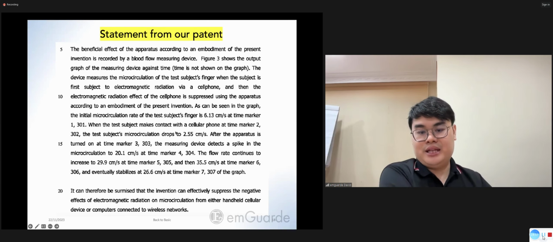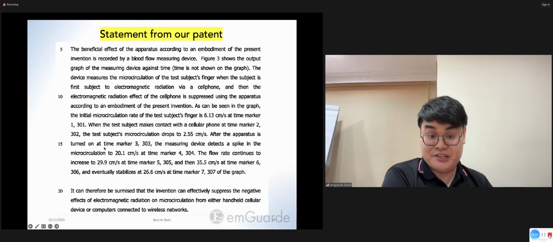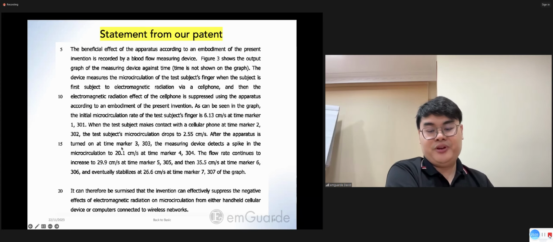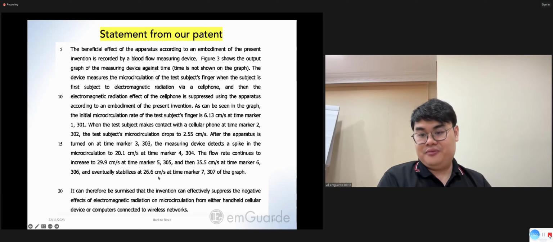Now, the next one, this is the takeaway. After the apparatus is turned on, meaning after the emGuarde technology is turned on, the measuring device detects a spike in the microcirculation to 20.1, and eventually it stabilizes at 26.6, look at the last line. So from 2.55, the microcirculation went all the way up to about 26.6.